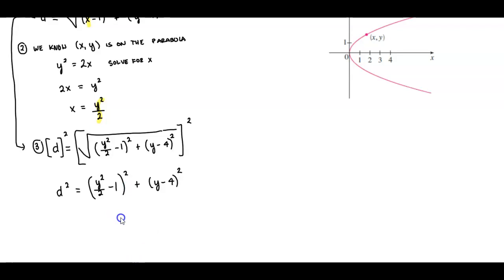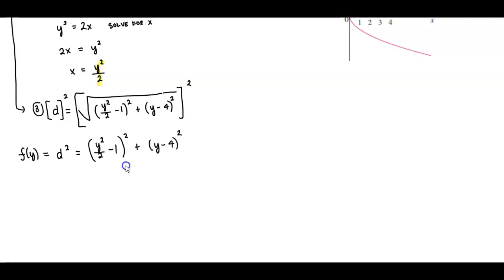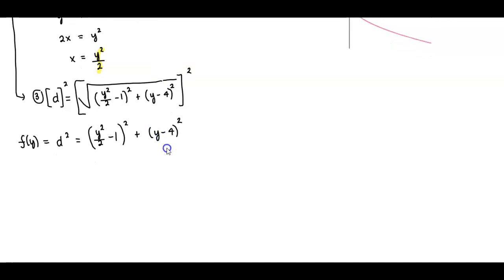Now we're going to call this a function, f of y. So f of y is going to equal d squared, which is equal to (y squared over 2 minus 1) squared plus (y minus 4) squared. Now we want to find the derivative of this function, so we want to find f prime of y.